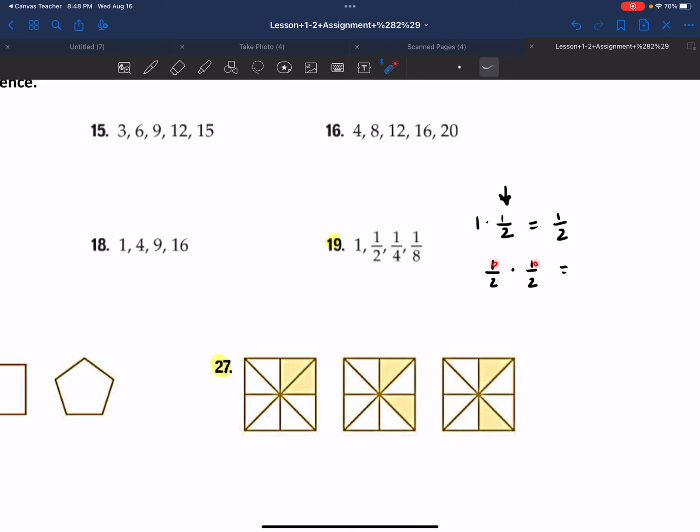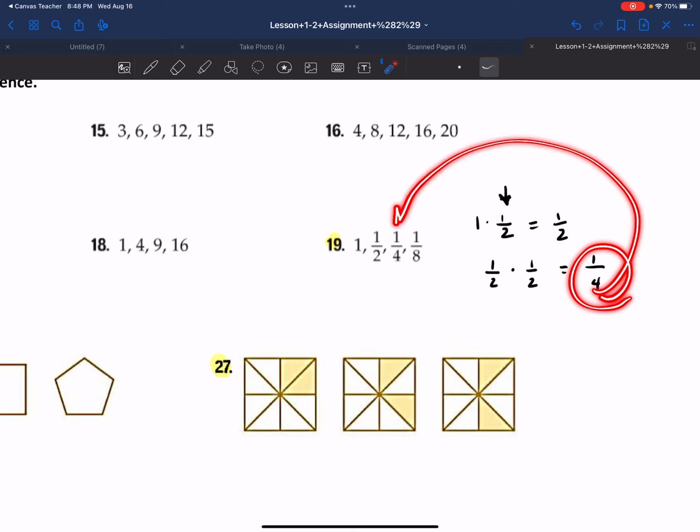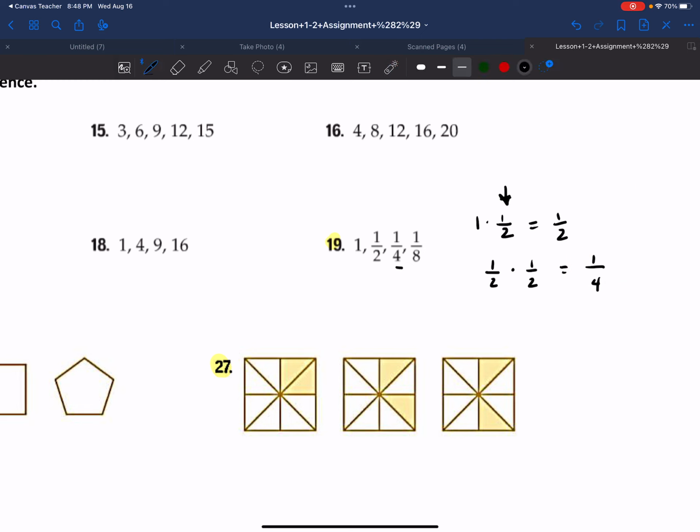So 1 times 1 is 1, and then 2 times 2 is just 4. It's going to be the third term of the sequence. And lastly, we take this 1/4, multiply that by 1/2, and that's going to give me 1/8. So the pattern really is multiply by 1/2.